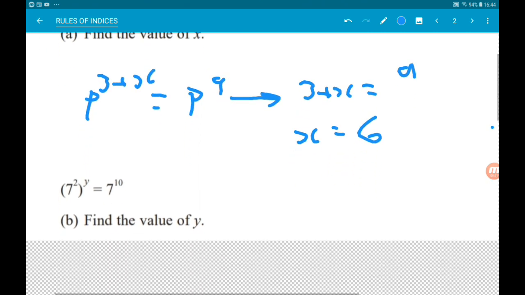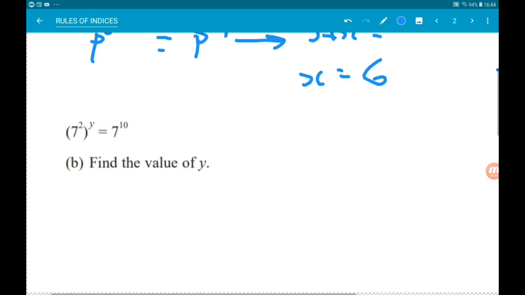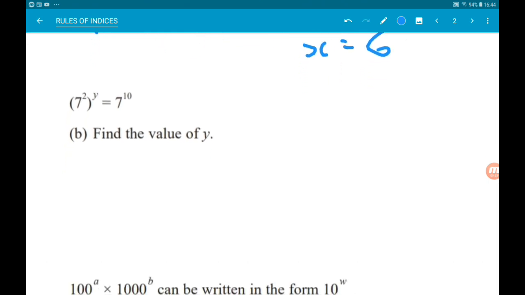Part B. 7 squared all to the power y is equal to 7 to the power 10. Find the value of y.